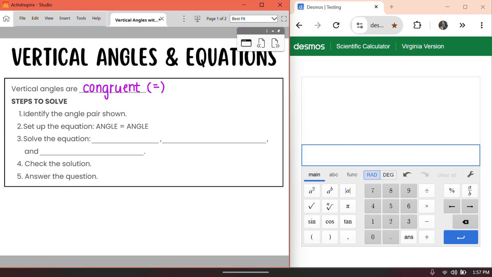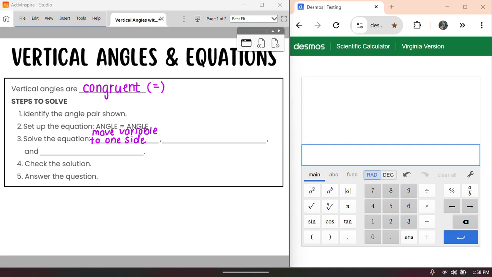So let's figure out how we can phrase that. All right. In the end, I decided I didn't have a shorter way to write it, and I just wrote move variable to one side. That does not fit nicely on that line because that's not what we originally thought it was going to say. So do your best, draw an arrow, write it off in some open space, whatever you got to do. But the rest of the steps are going to be the same.